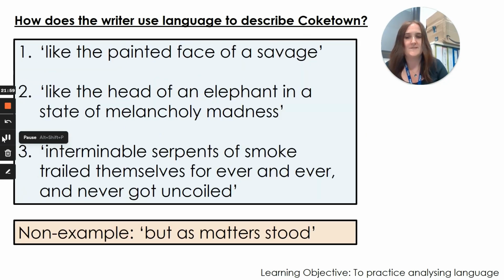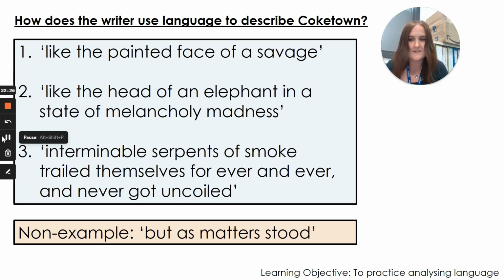So we've now found all of those techniques and we have some quotations that we could use to analyse. I've got 3 quotations here: like the painted face of a savage, like the head of an elephant in a state of melancholy madness, and the interminable serpents of smoke trailed themselves forever and ever and never got uncoiled. Those to me are the most significant and striking language choices, and the most significant and striking language choices are very likely to be the ones that are literary terms.